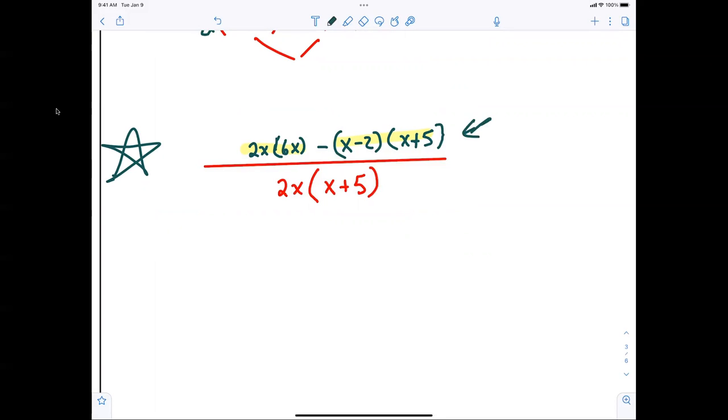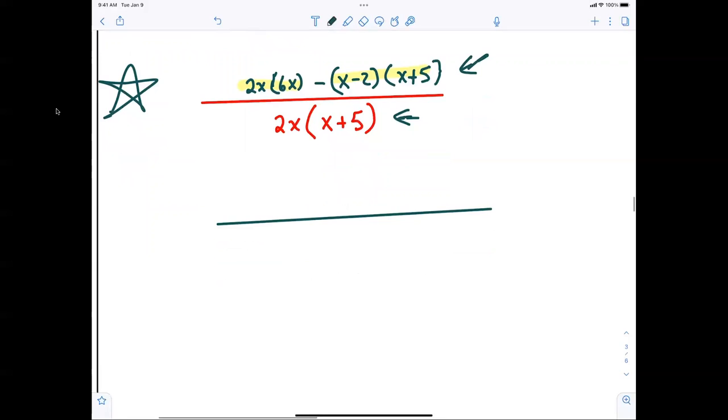Yes. Do I need to multiply the denominator? No, because I'm not reducing that. Nothing will be combined. All right, so I need to distribute in the numerator and leave the denominator factored. So the bottom will be 2x, parentheses, x plus 5.